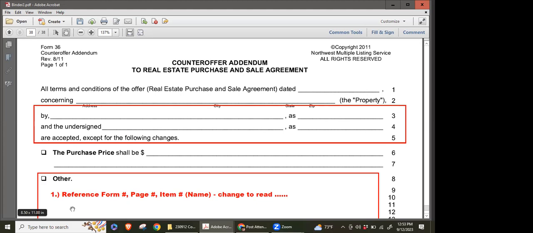I had one that either Brian or Lisa got, and it had a total on the first page of the purchase and sale agreement of 35 check boxes. Why not use a counter? Then you know exactly, it's very clear. And if your client doesn't agree with everything, then on your counter, you put what your client agrees to, and you bring that forward. And if there's anything else, you put it there. It just makes it so much cleaner.